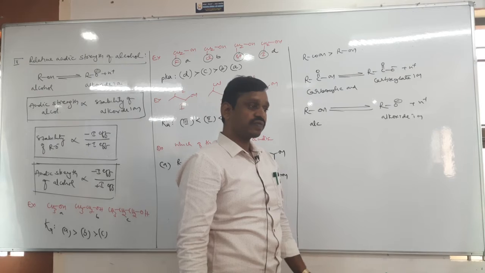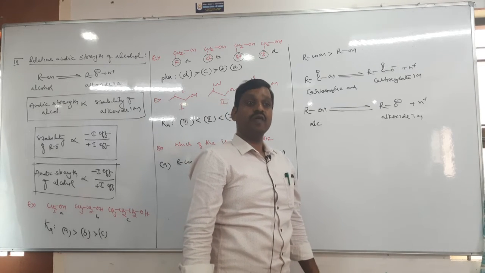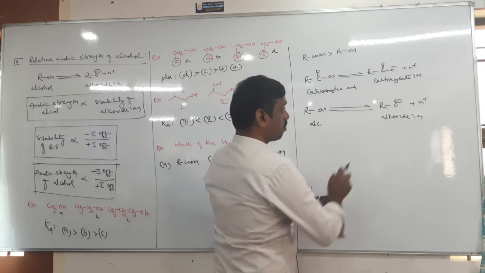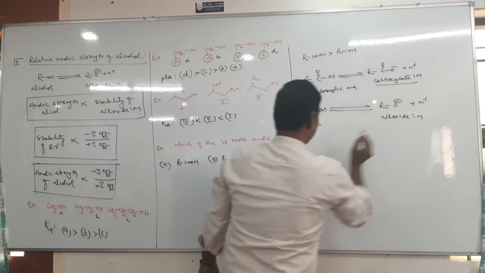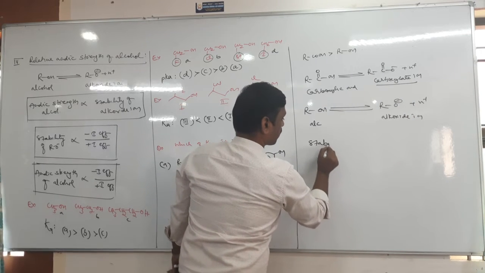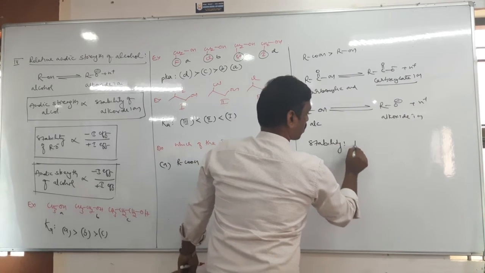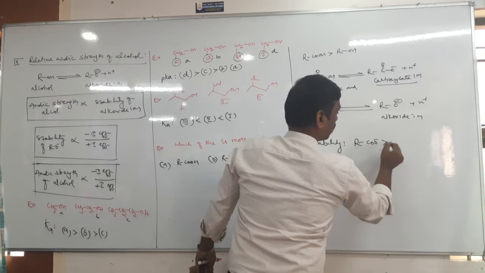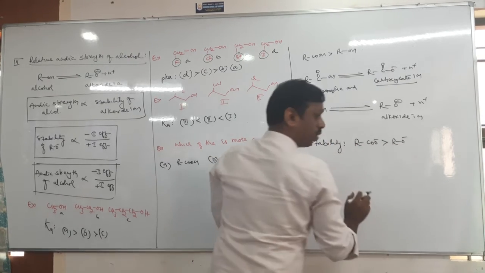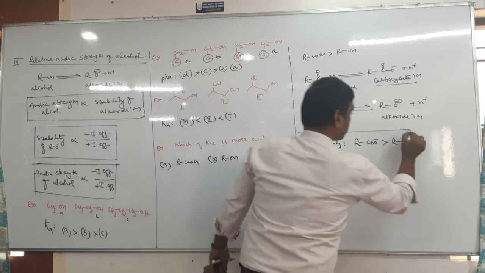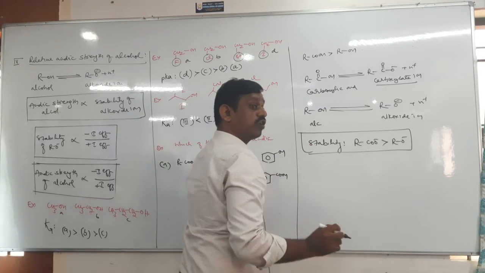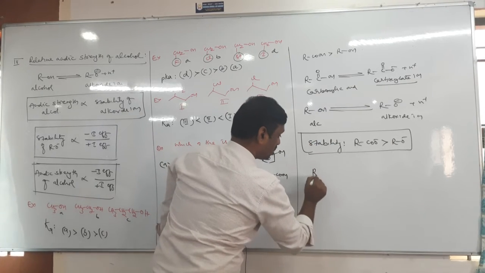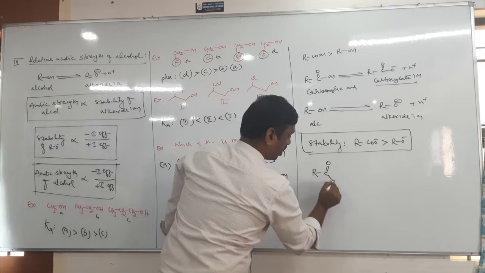Why? Because of resonance. So why is the carboxylate ion most stable? When you see the carboxylate ion, you can take it like this.